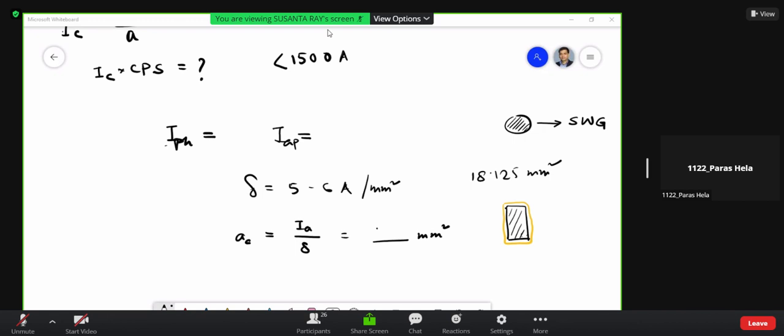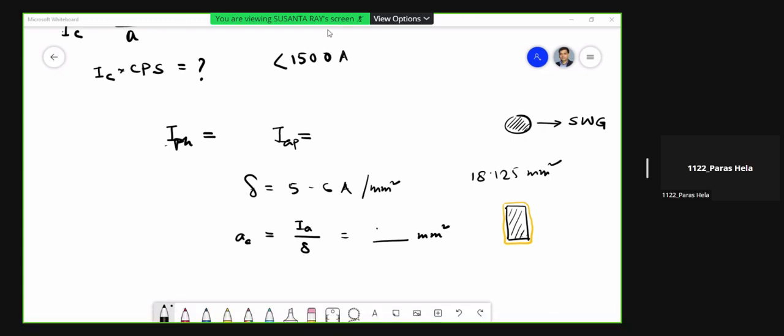Sir, I am getting 2.692 millimeters square. So you must have a lower rating machine, isn't it? Yes, sir. So you can take round wire and see the SWG chart.